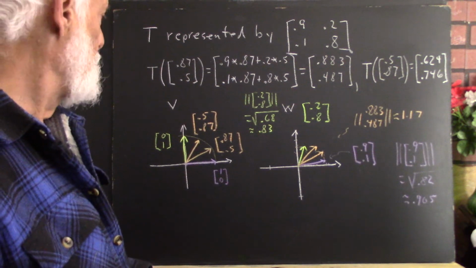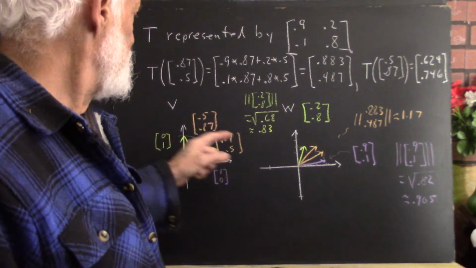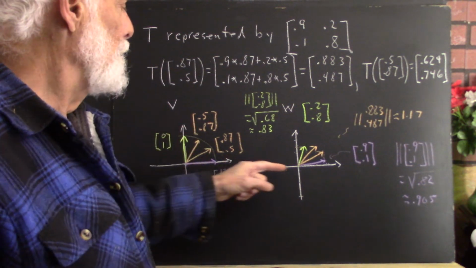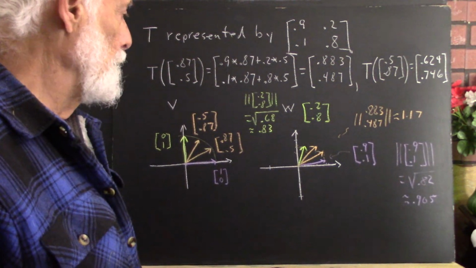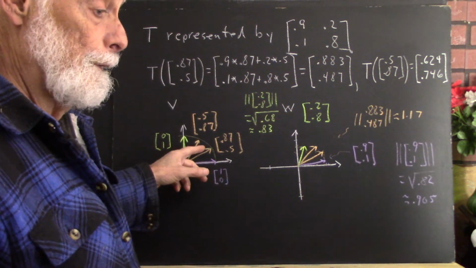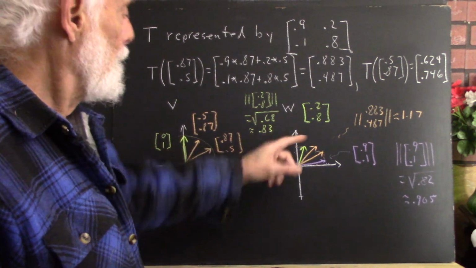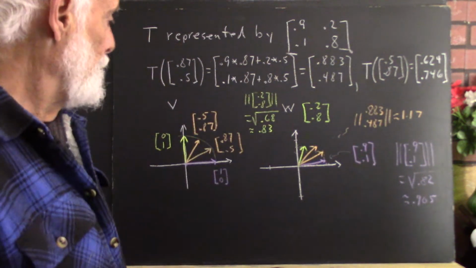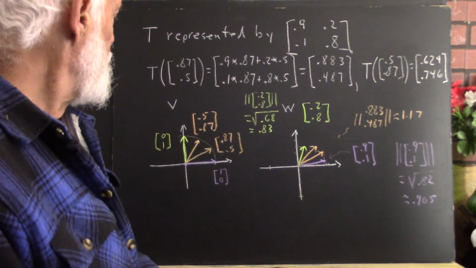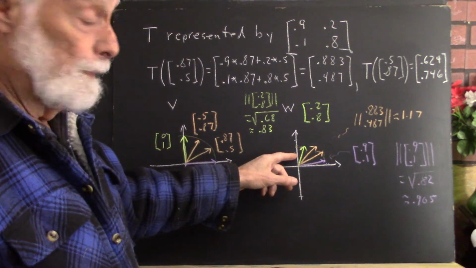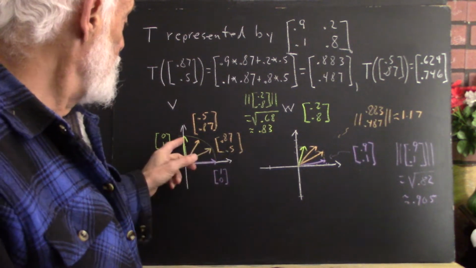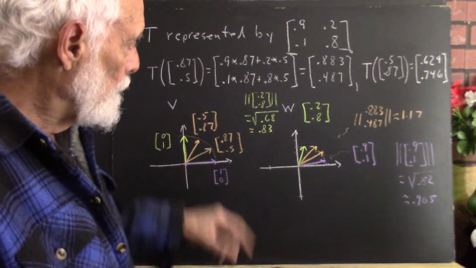So the x component again gets a little bigger, the y component gets a little smaller, meaning that this vector turns toward the x-axis, as does this vector. So these three vectors here all turn a little bit toward the x-axis.